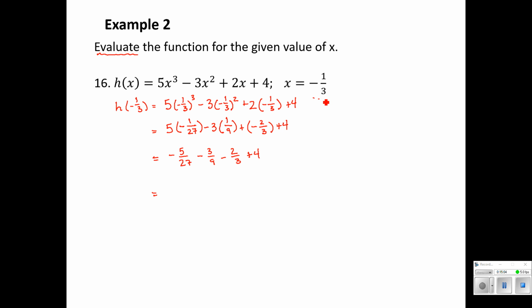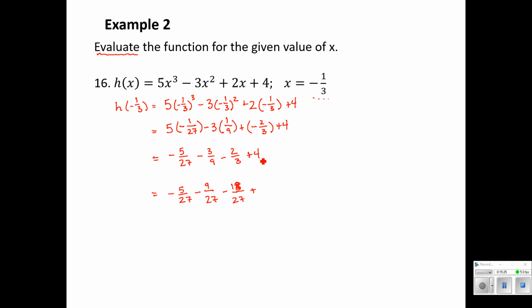If we're plugging a number into a polynomial, we should get a number out. So negative 5 27ths minus, let's multiply top and bottom by 3, 9 27ths. Multiply top and bottom by 9 minus 18 27ths.